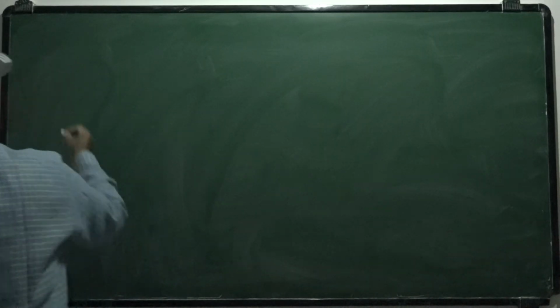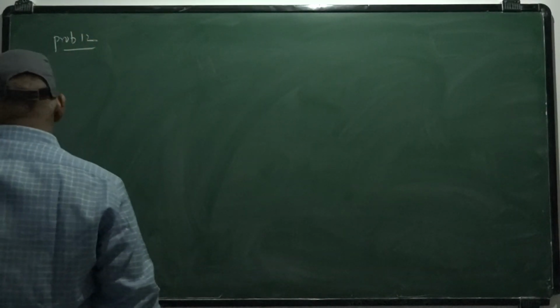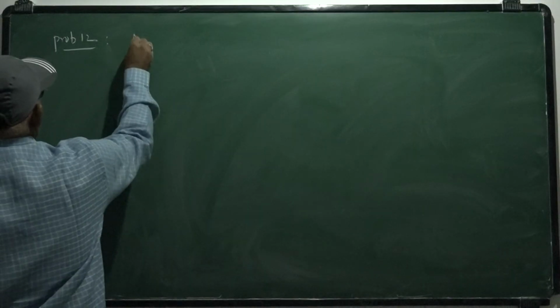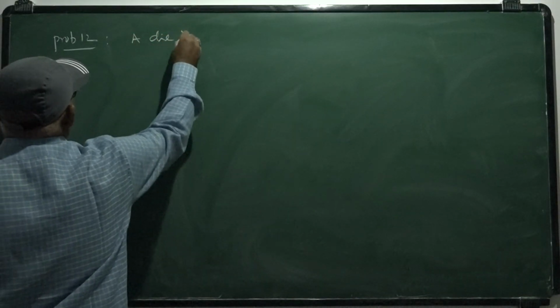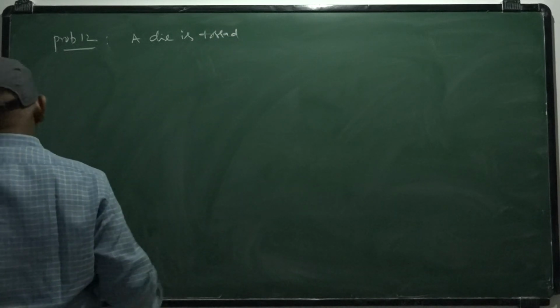Next, let us take the 12th problem. A die is tossed thrice.